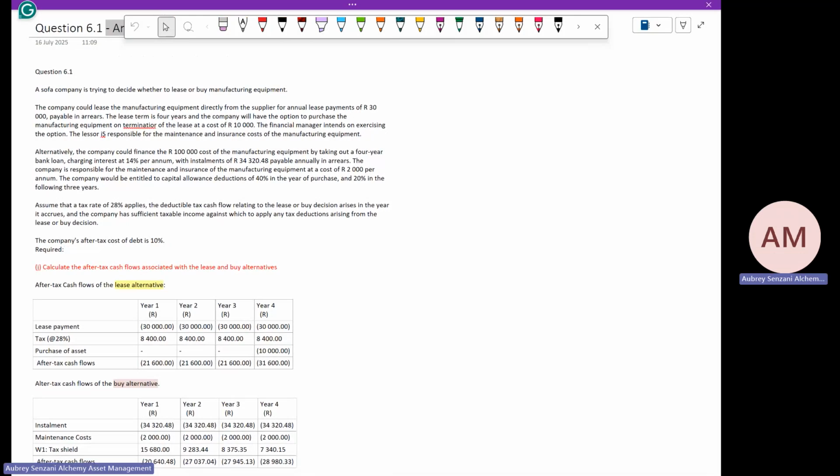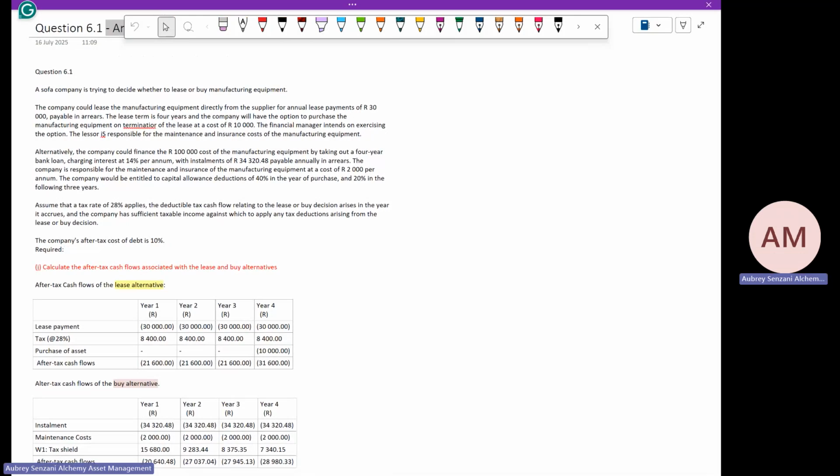The lease term is 4 years, and the company will have the option to purchase the manufacturing equipment on termination of the lease at a cost of 10,000. The financial manager intends on exercising the option. The lessor is responsible for the maintenance and insurance costs of the manufacturing equipment.